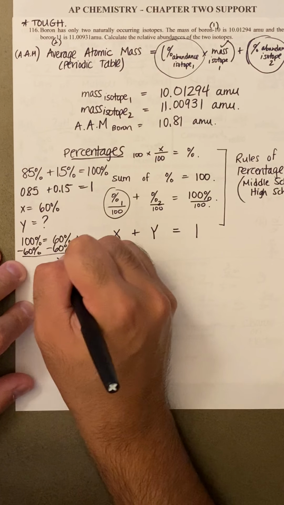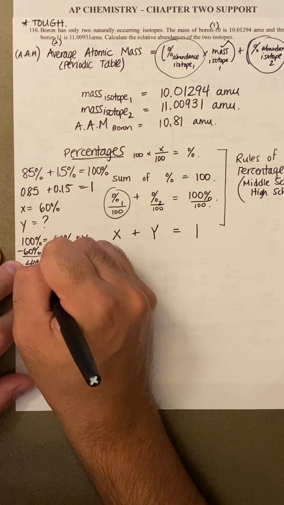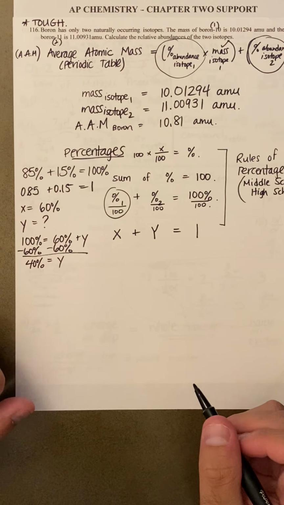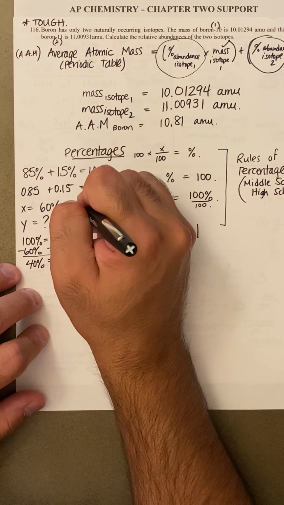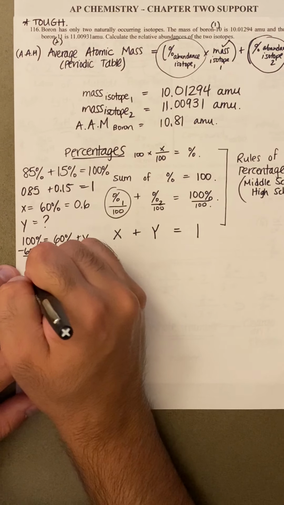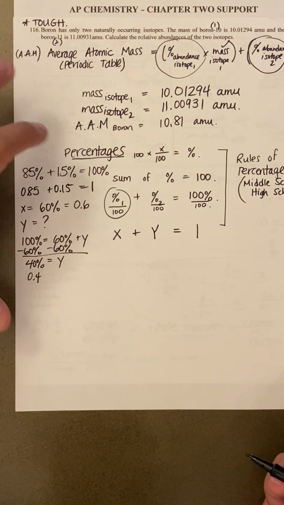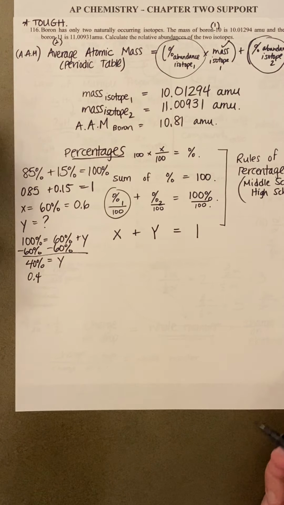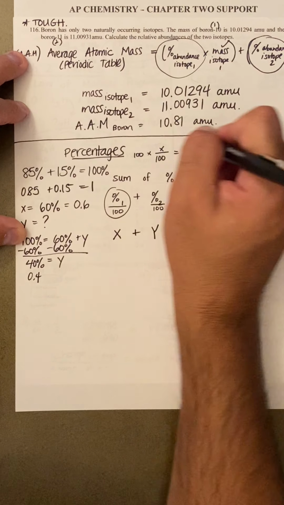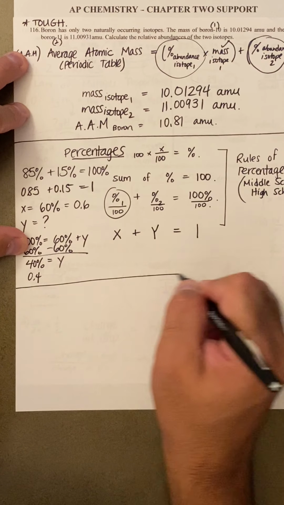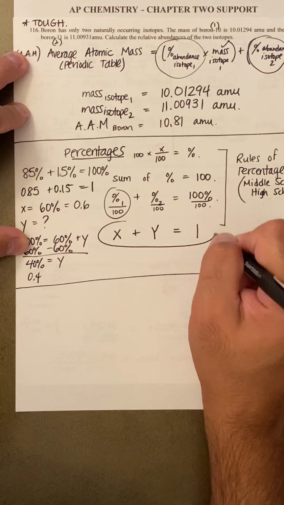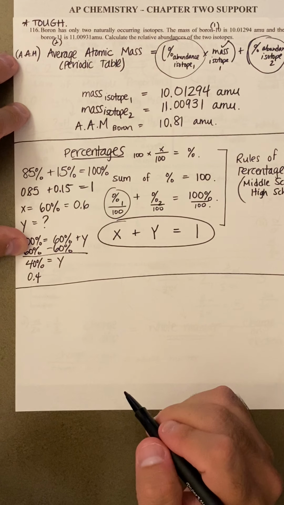And I get y equals 40%, which is the same thing as saying 0.6 and 0.4. That equals 1. So just a little practice with percentages here. This idea is going to be very important: x plus y equals 1.